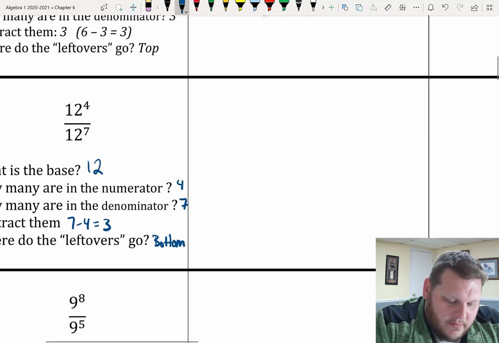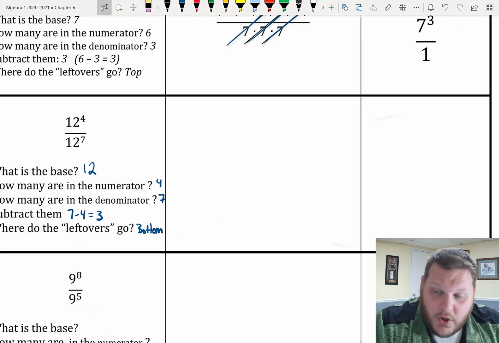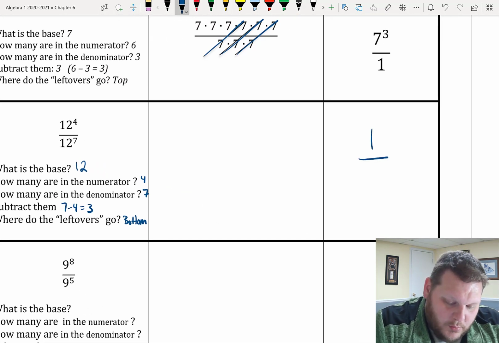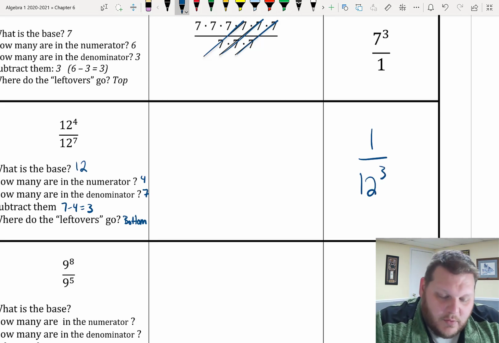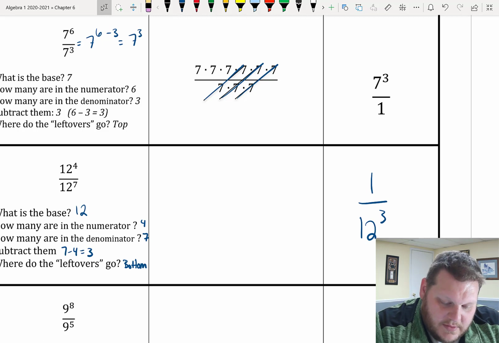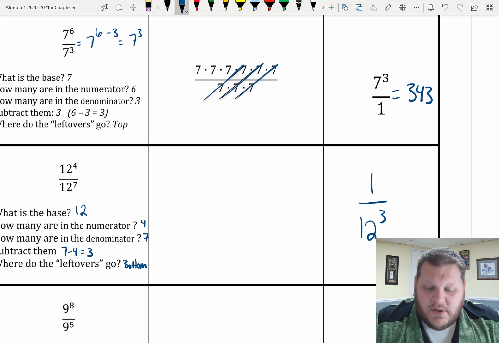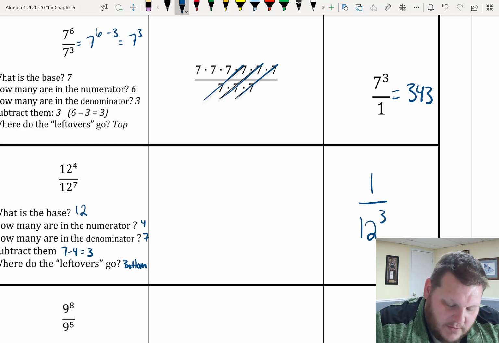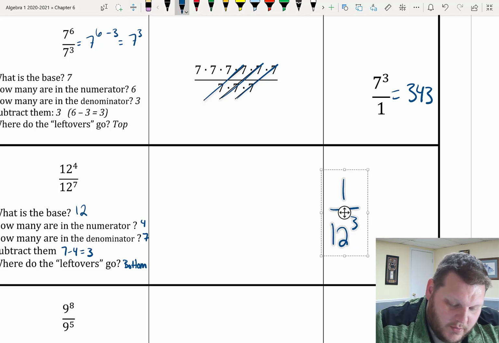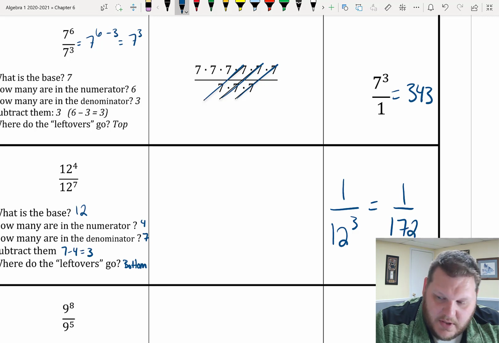So I ended up with 1 over 12 to the 3rd power, which I would expect you to simplify all the way, just like I would up here, being 343. Since it's a 3rd exponent, I would expect you to simplify that all the way. I'm going to move this over here a little bit to make some more room because it's a bigger number. That gives me 1 over 1728.